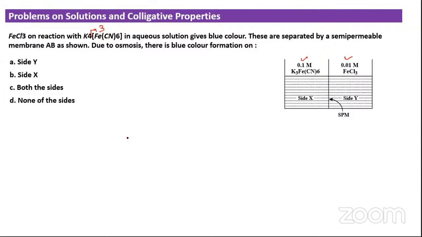So all of you are talking about this कि higher concentration to lower concentration होगा osmotic pressure के through semi permeable membrane में. Okay, that is all right. But there is one thing. There is transfer of solvent only.